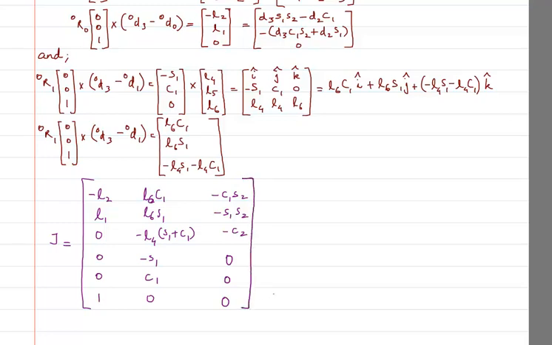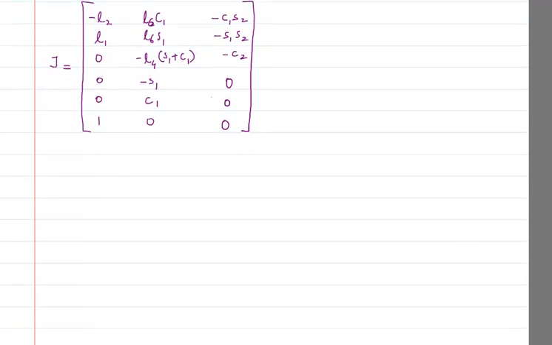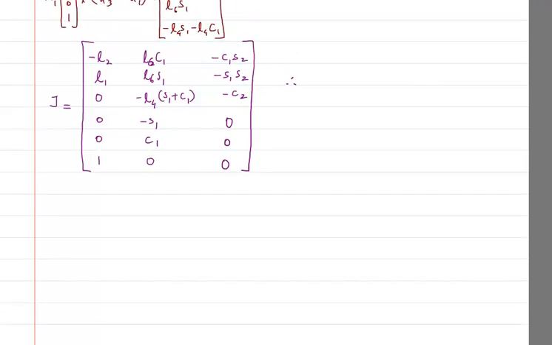Once we have got the Jacobian matrix, I can straight away write the equation for velocity.